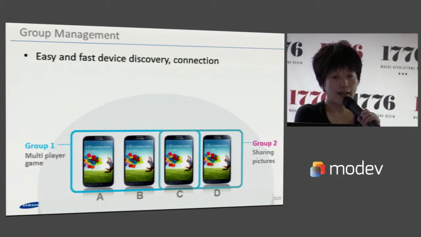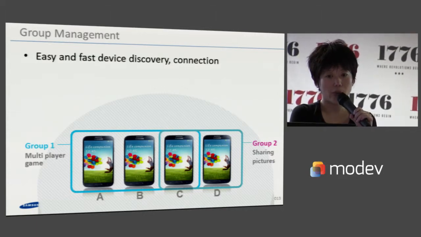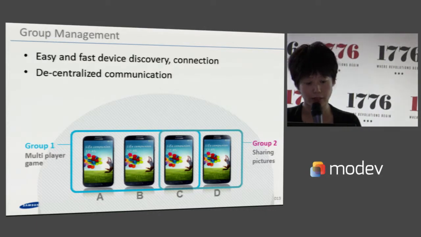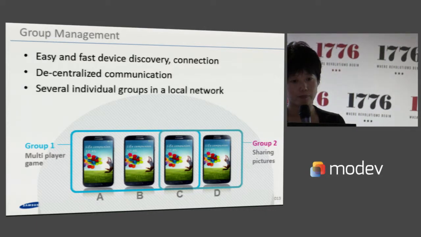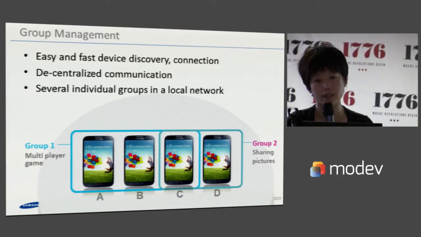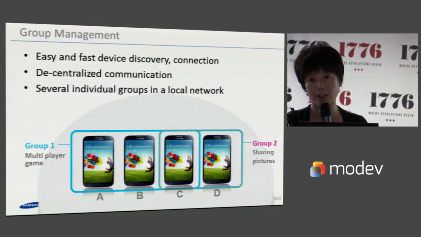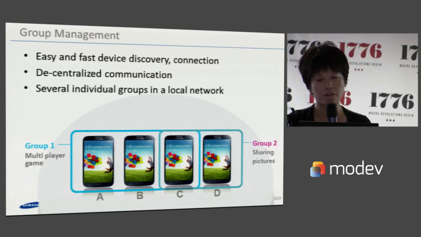Chord provides an easy and fast way to discover devices in the network and establish the connection. It provides totally decentralized communication. Any device can join and go at any time. Several individual groups can be set up in the same local network. And one thing I have to mention here, if you pay attention to device C, it can be a member of multiple groups at the same time.